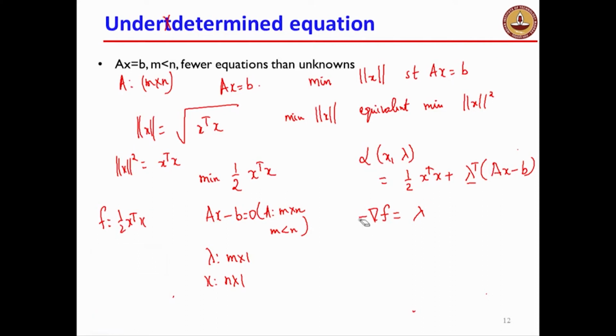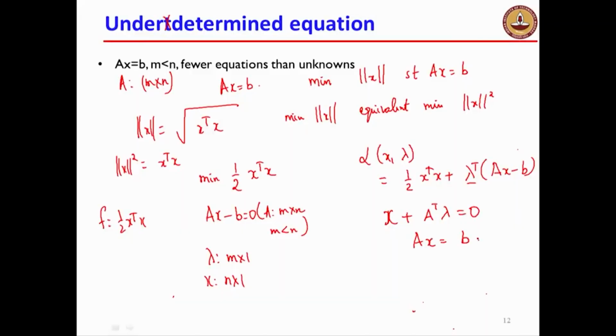When I write down the first order necessary conditions, if you go back to the first few slides, to the formulae I wrote for derivatives and gradients of quadratic and linear functions, I will get this one condition over here. In addition, I need to solve Ax equal to b.